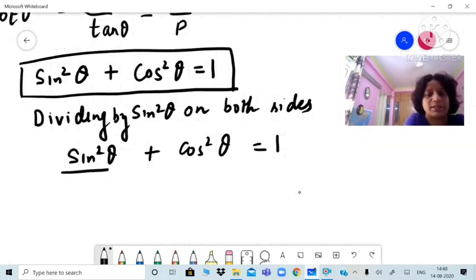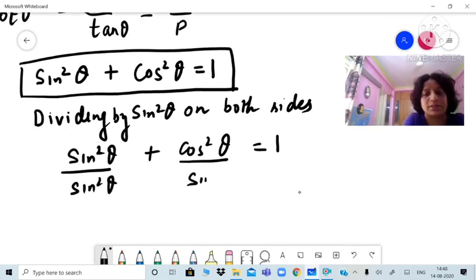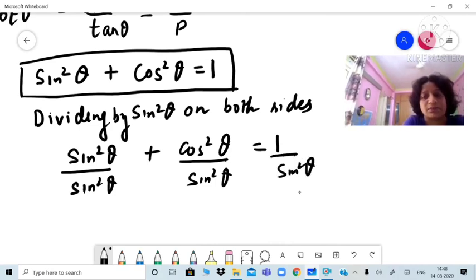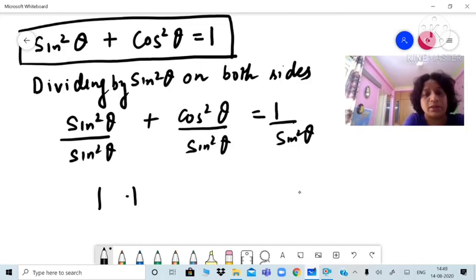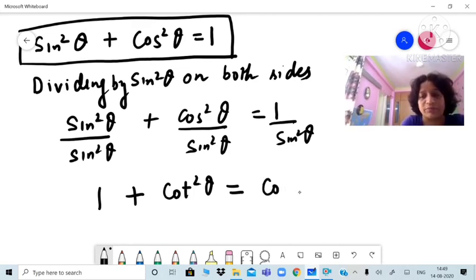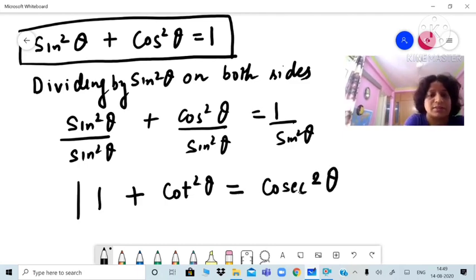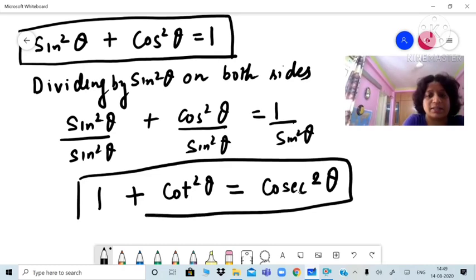So if I divide the entire part by sine square theta, what will I get over here? Sine square theta upon sine square theta will give you 1. Cos square theta upon sine square theta is cot square theta. And reciprocal of sine is cosecant, so cosecant square theta. So we have made the second identity with this.